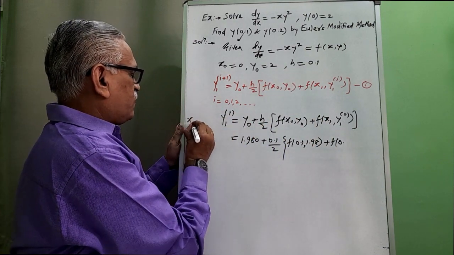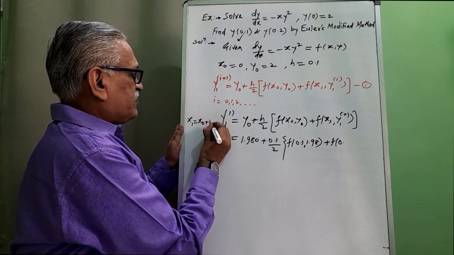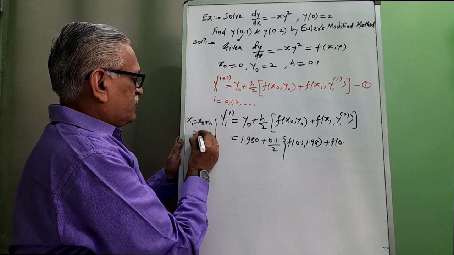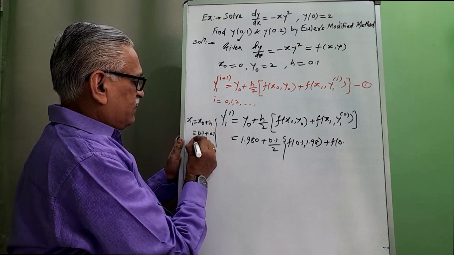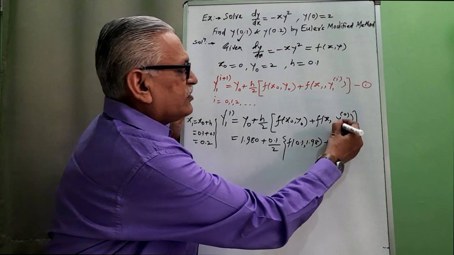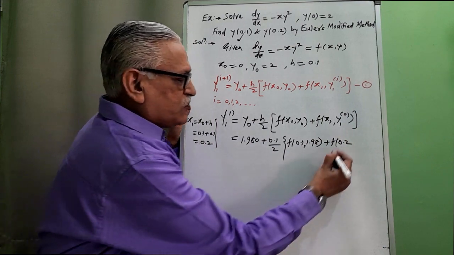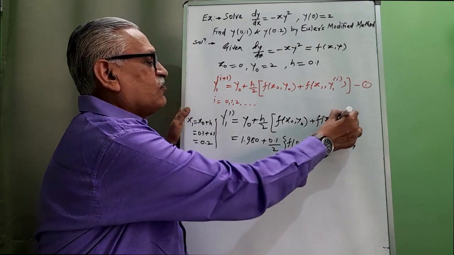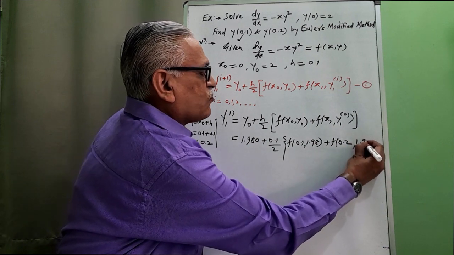Therefore x0 is 0.1, h is 0.1, and we get x1 as 0.2, and substituting that value of x1 here, we get f of 0.2 and the corresponding y1 superscript 0 is 1.941.